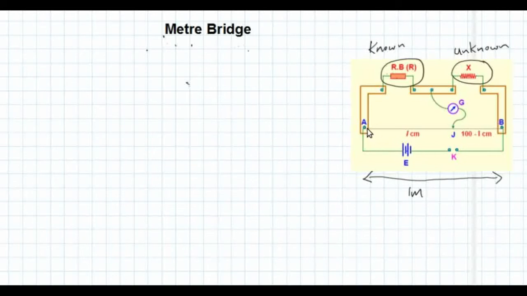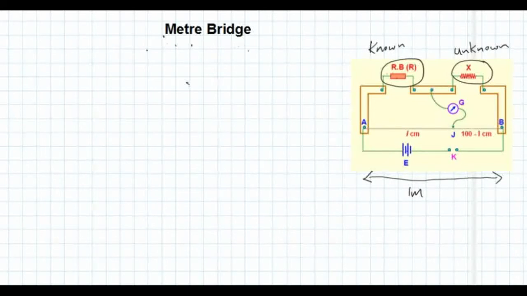Then between the points A and B there is a wire. The length of this wire is 1 meter. Then between the points A and B we are connecting a cell. So this E represents the source of EMF and K represents a switch.